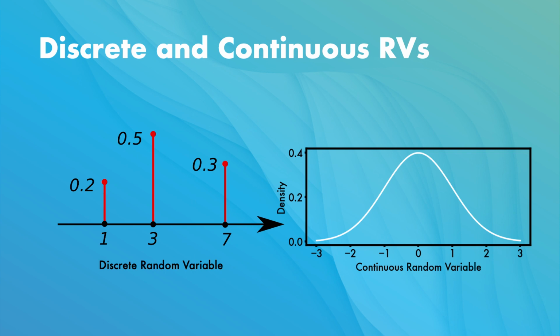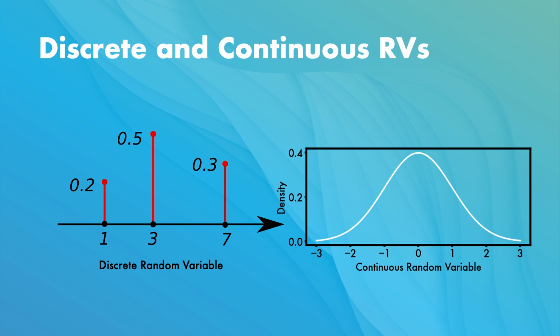As I have said, there is a difference between the representation of the probability distribution function according to if the random variable is discrete or non-discrete. So here on the left you have a discrete random variable.